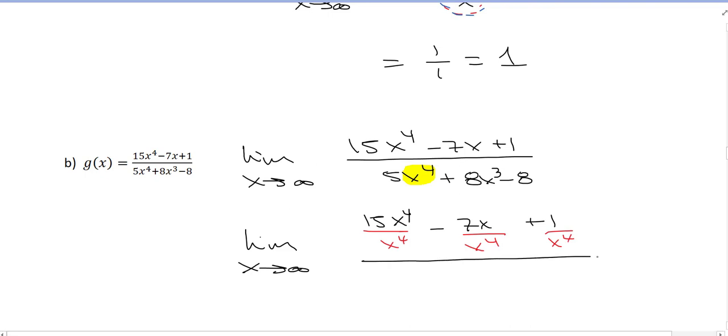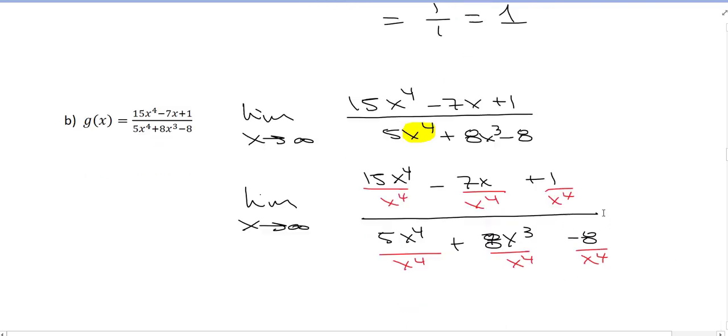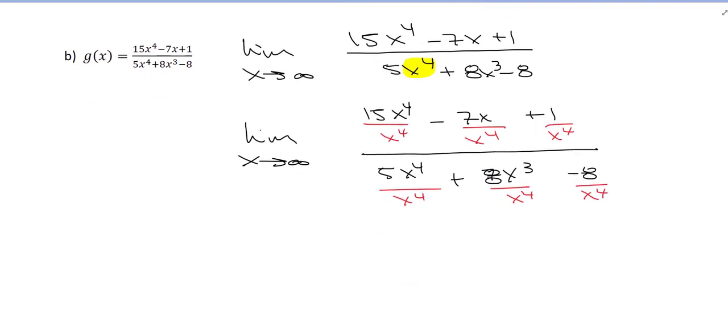And we're going to do the same thing in the denominator. So I have my 5x to the 4th plus 8x cubed minus 8, and I'm dividing each of those by x to the 4th. So this is instead of doing long division.